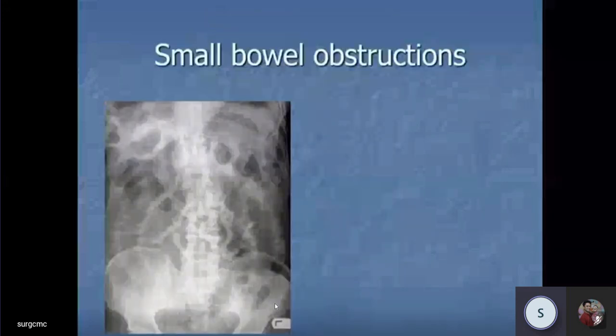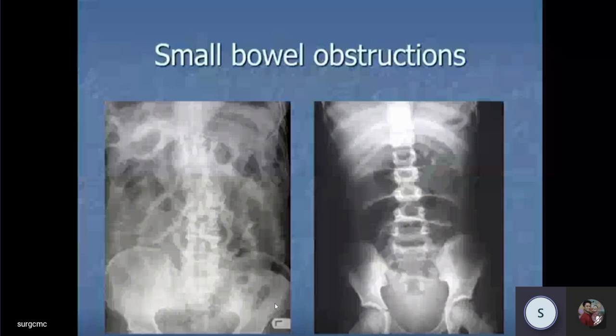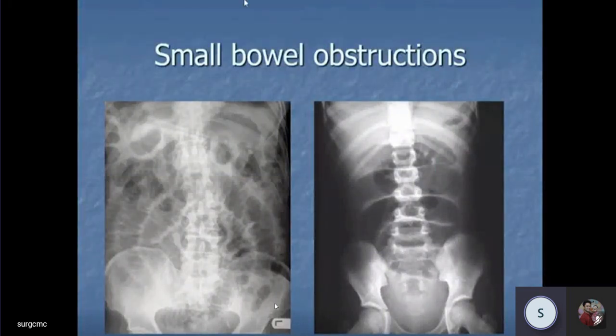Now coming to small bowel obstruction. In small bowel obstruction or large bowel obstruction, there are various differences. Look at the pattern. Here you can see some flowery patterns, fine streaky lines going from one part of the intestine to another. And in this plate, you can see just dilated loops with no special character. These are typical features of small bowel obstruction.